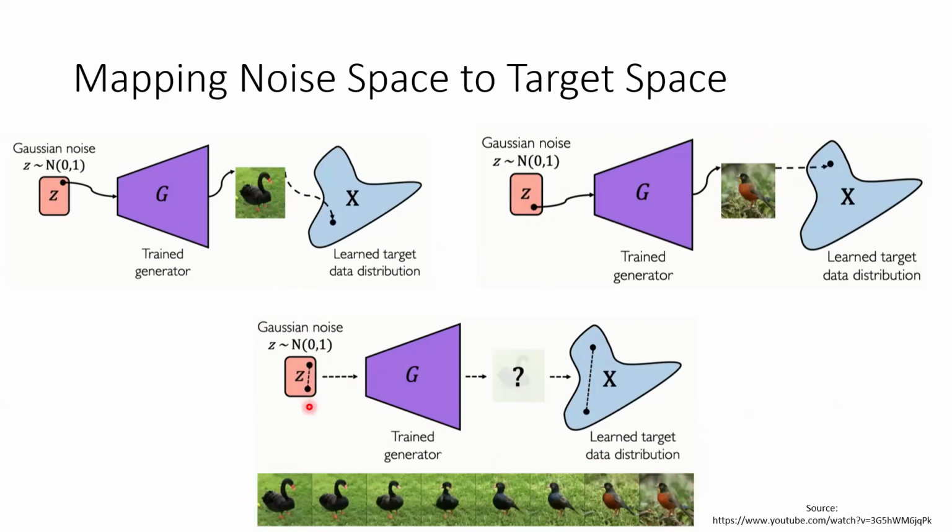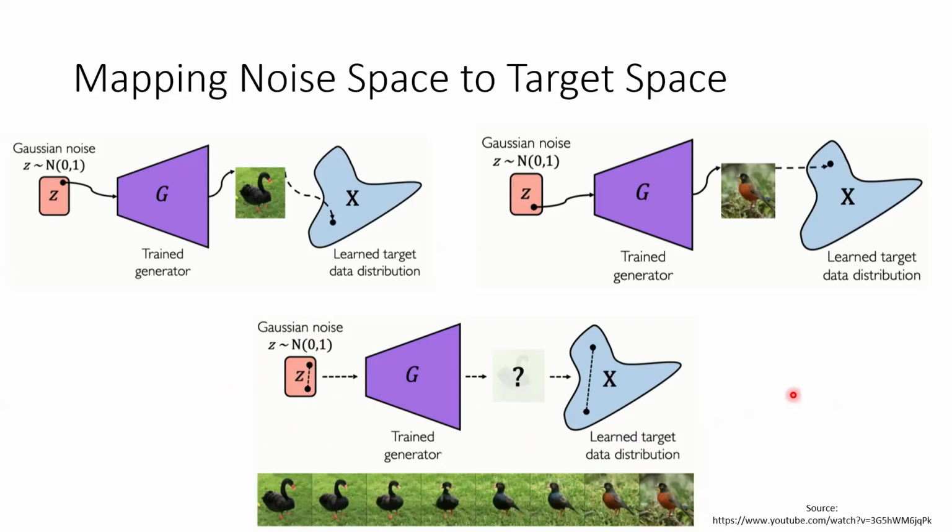And when we are moving from here to here, the bird that is generated would change little by little until the final bird is created, right? Now you can see how the generated birds change when you have intermediate values for this Z vector. These are some intermediate values between these two points. This is how the bird image evolved when you change this Z value from here to here.